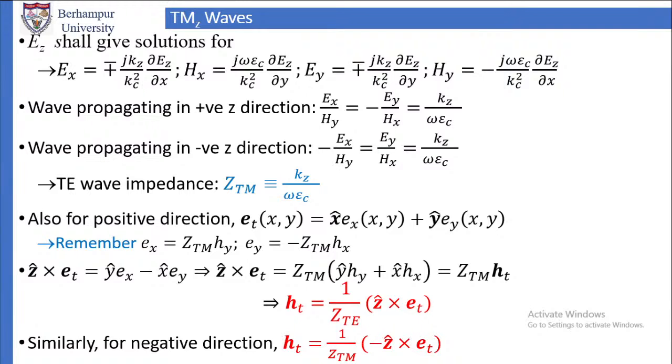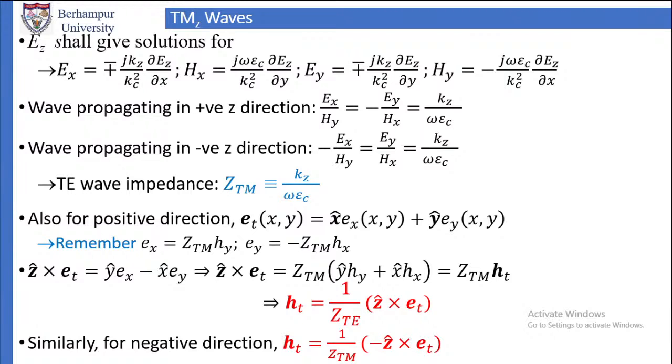So using that, we can write small ex equal to Z_TM hy, and small ey equal to minus Z_TM hx.